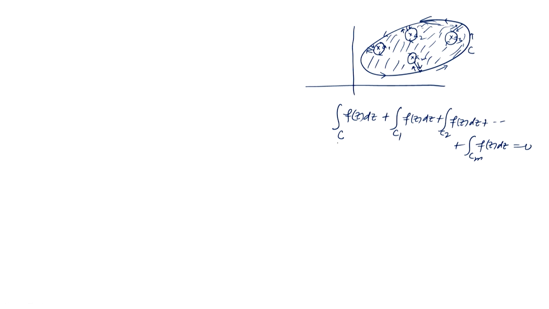And so the integral along C is in the anti-clockwise direction, while along Cj, j equal to 1, 2 and so on up to m, it is in the clockwise direction.